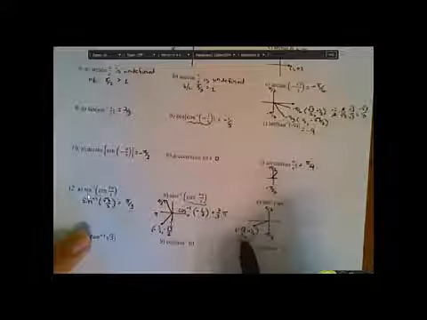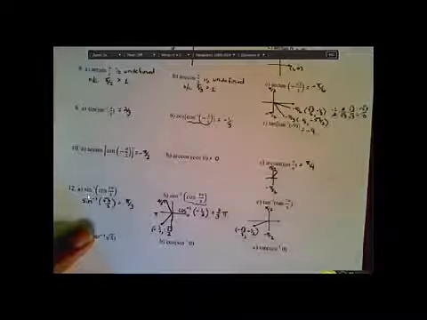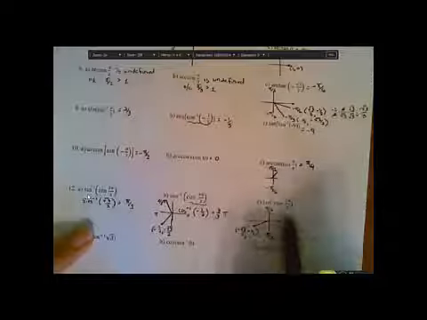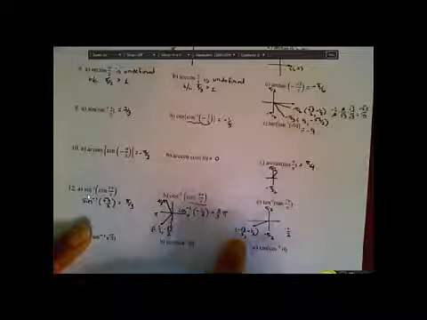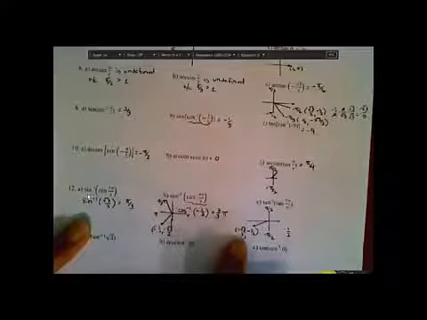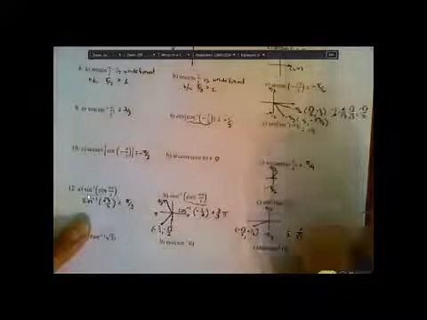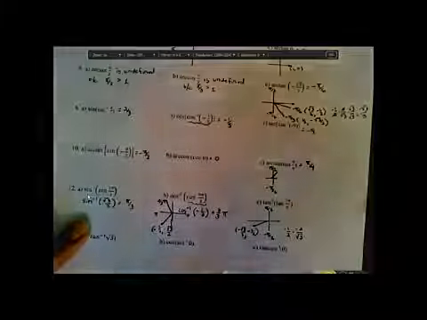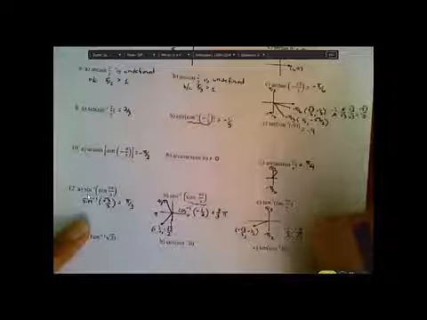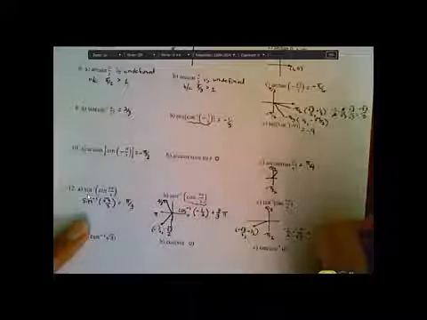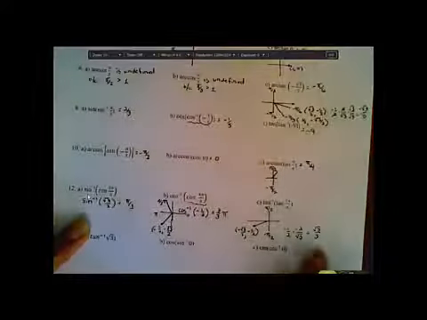Closer to the x-axis, x is closer to -1, y is -1/2. So tangent of 7/6 pi is -1/2 divided by -√3/2, or -1/2 times -2/√3. That's just positive √3/3, again, if we rationalized it.